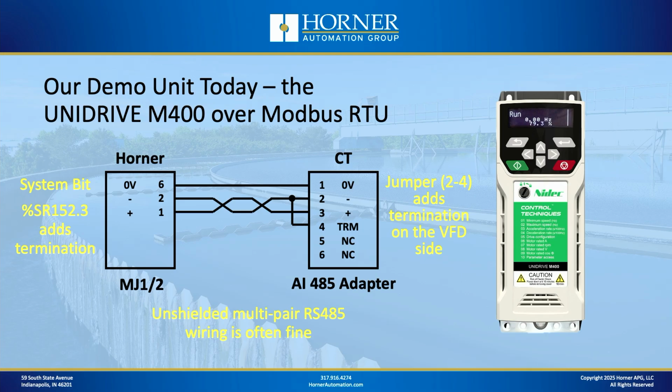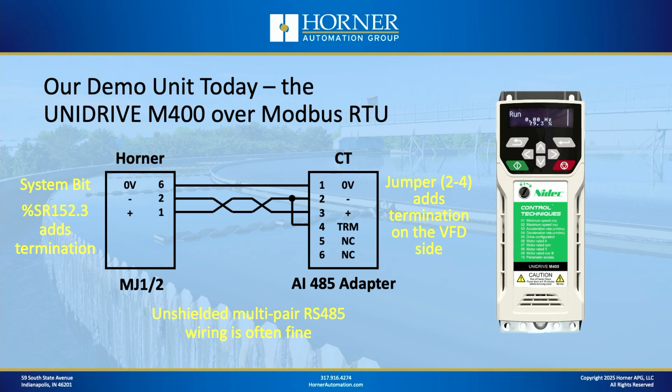Now on the Horner end, if the Horner happens to be on the far end or one of the far ends of the network, then you can simply turn on system bit SR152.3, and you can do that in your program or from the system menu, and that will enable 120 ohm termination on the Horner side. Okay, so make sure you handle termination.